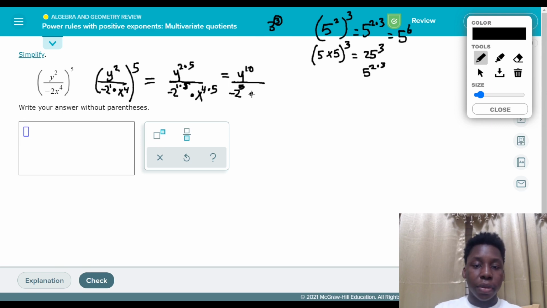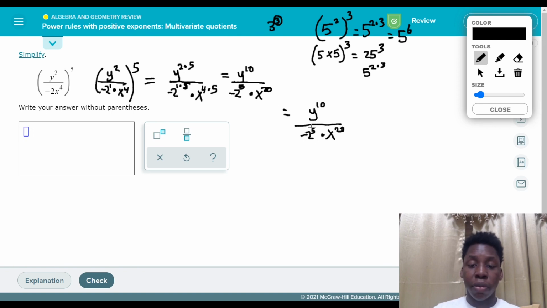And then times x to the power 4 times 5 equals what? That's a 20, right? So this equals 20. So we got y raised to the power 10 divided by minus 2 to the power 5 times x to the power 20.